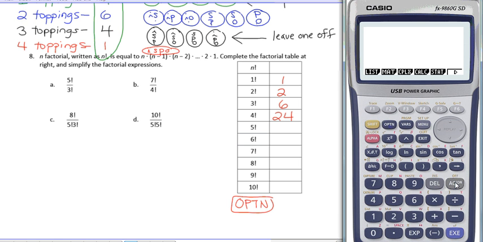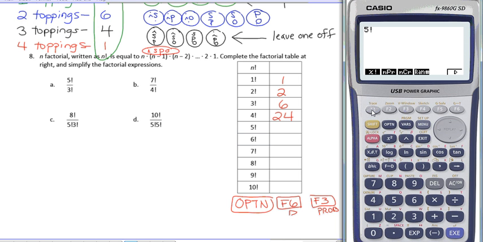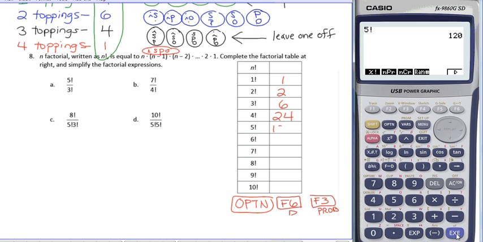If I'm trying to do 5 factorial, I'm going to hit the 5 first, then I'm going to go to Option, which is up here by the Shift key, and then if I hit F6 for more options, and then F3 for probability, so F6 to turn the page, F3 for probability, and you can see the exclamation point is F1. So I can do 5, hit F1 to get the factorial, and it tells me that it's 120.